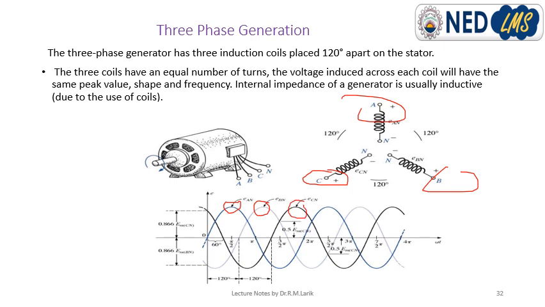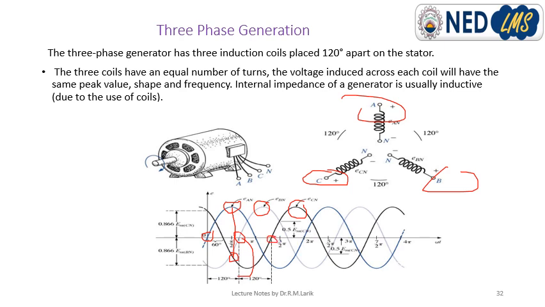So when phase A attains its maximum value, at that time phase B attains some negative value. Also note that phase B starts from 120 degrees. When phase A starts from the 0 reference value, phase B starts from 120, and after 240, phase C starts.